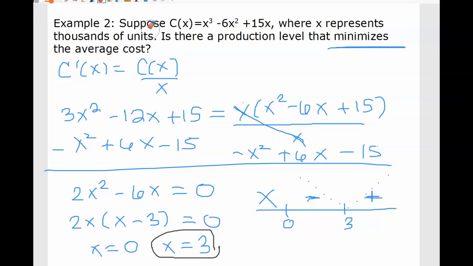So if I were to put this into words, since production and cost are in thousands of units, what this means is at 3,000 units, because it's not 3 units, at 3,000 units, the production level will be maximized to minimize average cost.